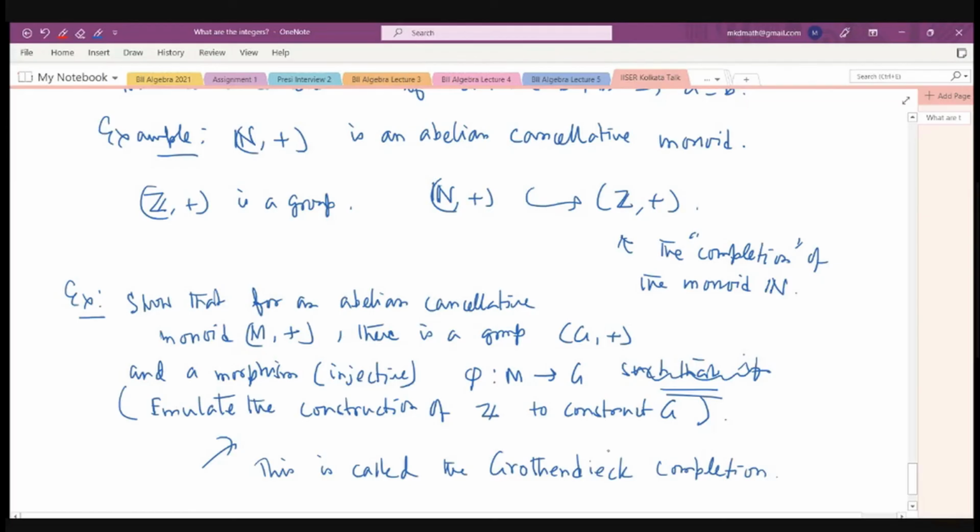It is actually just copied from this construction of integers from natural numbers. So I think I'll stop here. It is 6:30. So now questions.